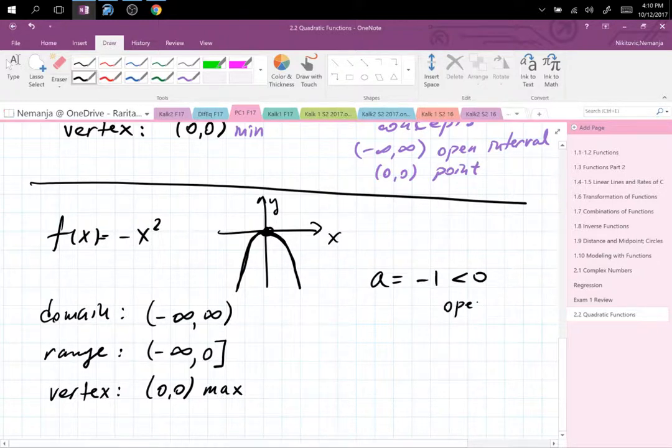So it opens down, and that's your orientation. I can't fit the word there. Actually, I can move everything. Orientation of the graph: opens down.